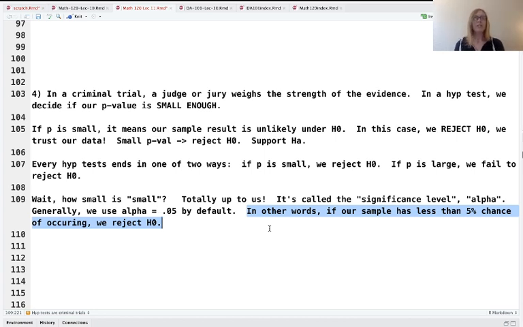Later, next week, we're going to talk about error types in hypothesis testing. Those have a big impact on what we choose for alpha. But generally speaking, if the problem doesn't specify a significance level, then we're always going to use alpha equals 0.05 by default. If you're taking a quiz and the problem doesn't tell you what alpha is, you can always safely assume alpha equals 0.05.